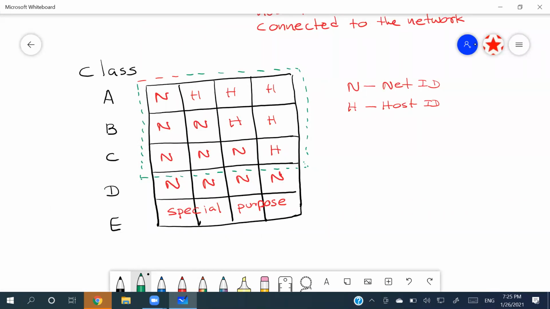It's better you say in class E, allocate for. It's better you have that word. Allocate for special purposes. In class E, allocate for special purposes.